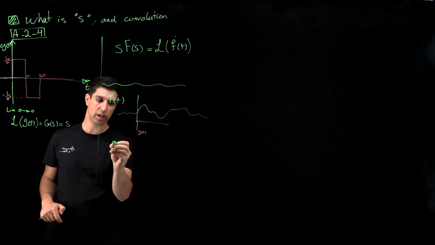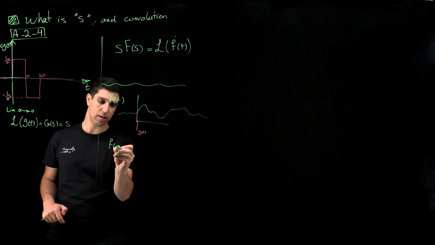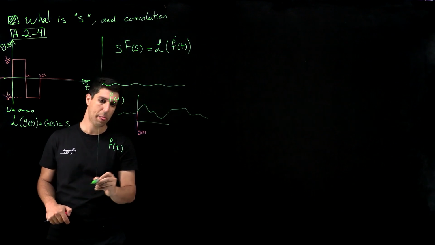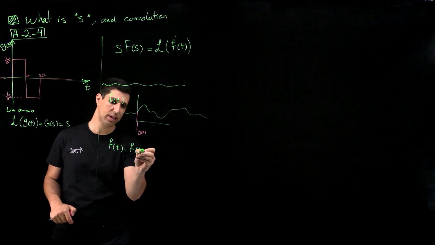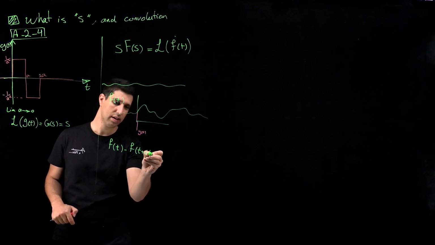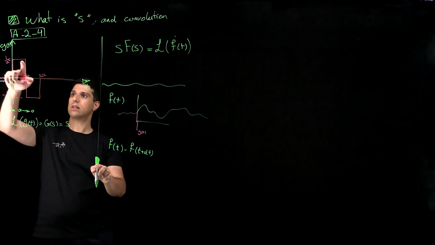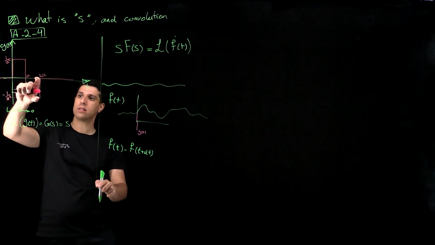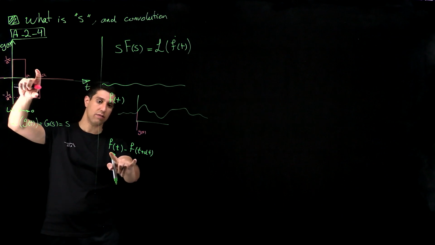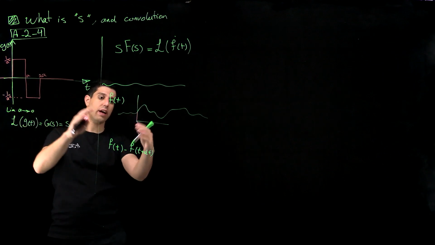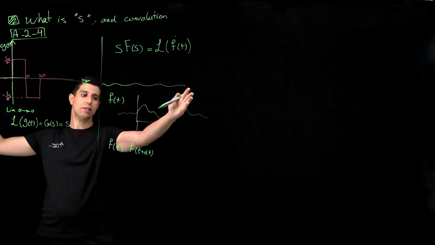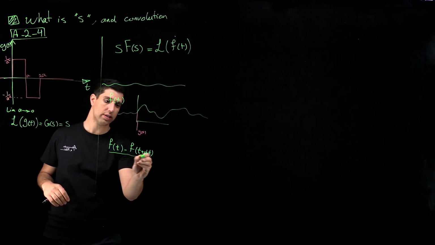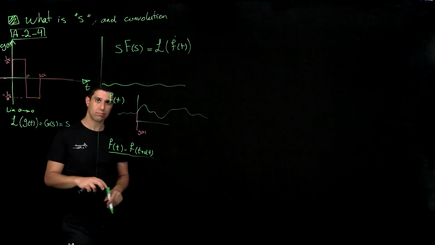essentially what I'm doing is taking f of t and f of t plus dt. Because the first part is positive and the next one is negative, if I multiply it and then integrate it over time, the rest of it is 0. The only thing I have is this difference.